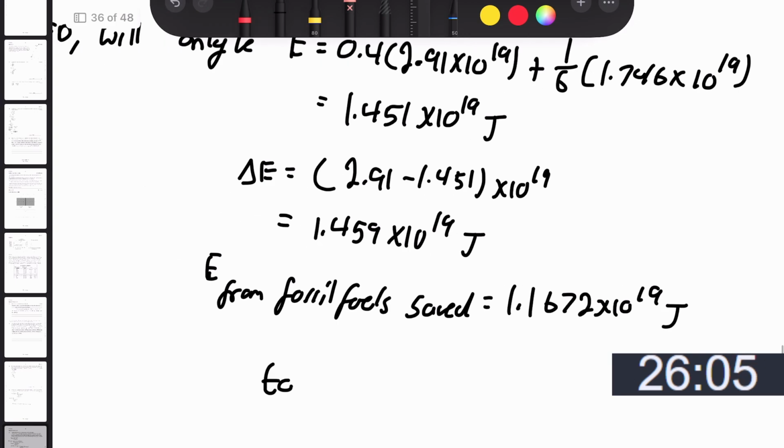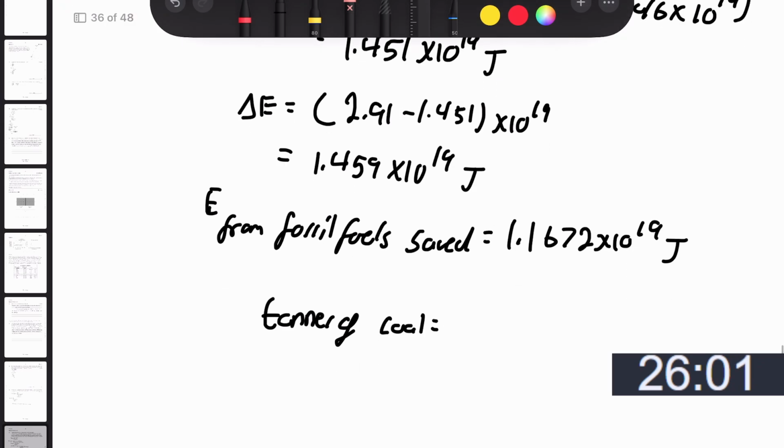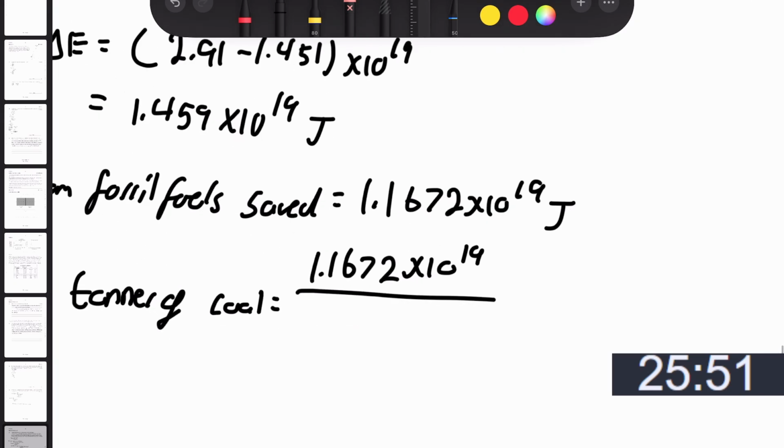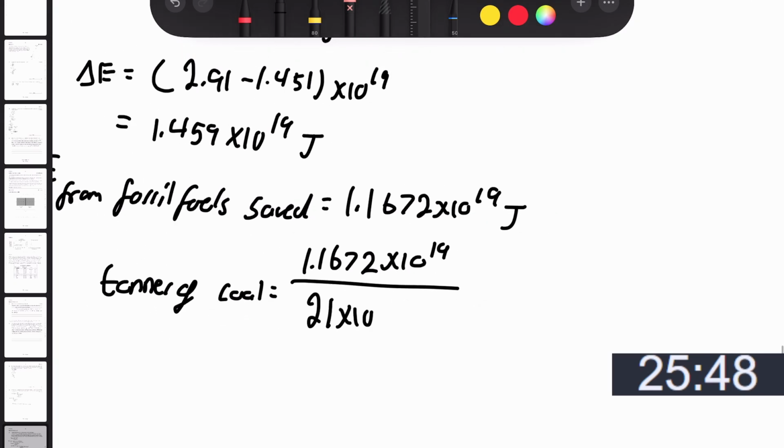So then tons of coal is 1.1672 times 10 to the 19 all over 21 gigajoules, so 21 times 10 to the 9.